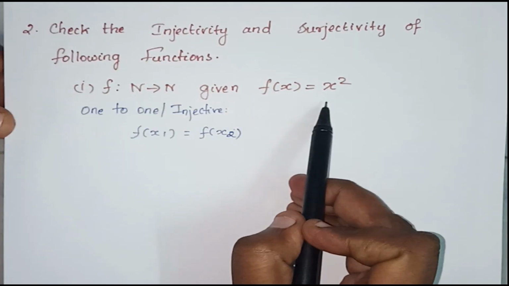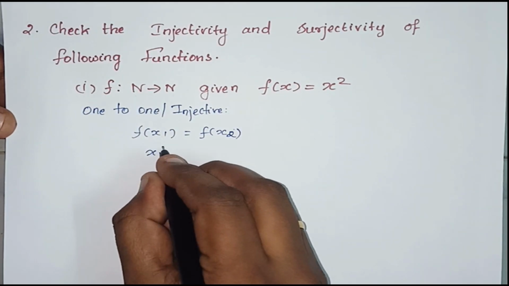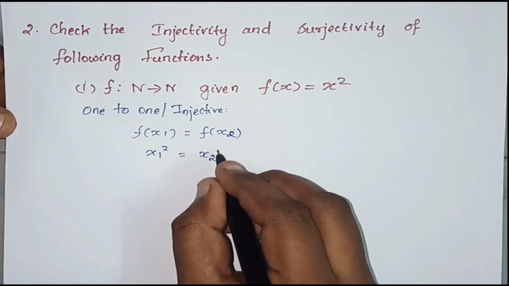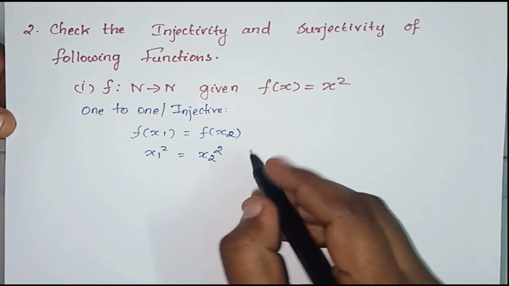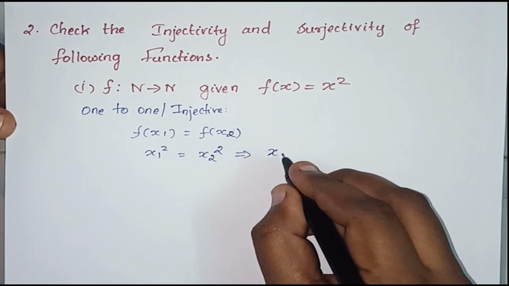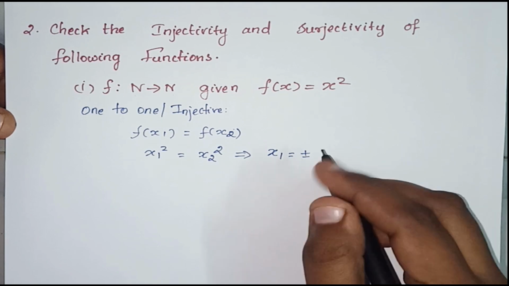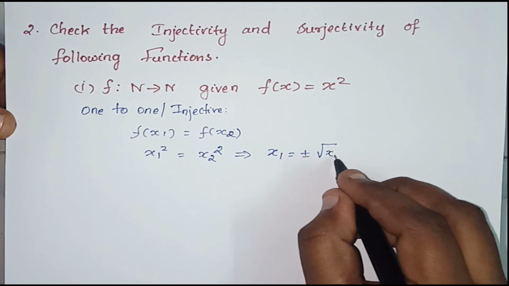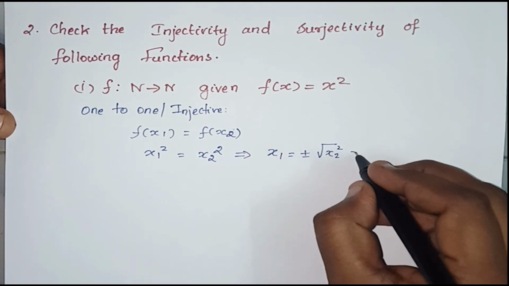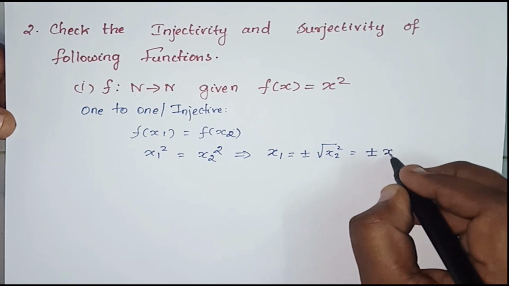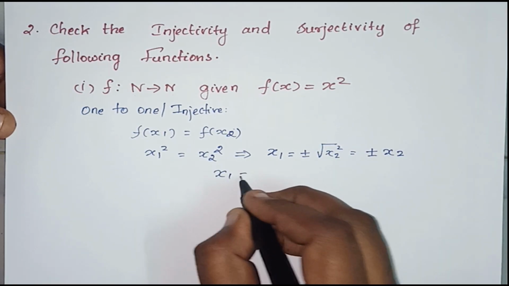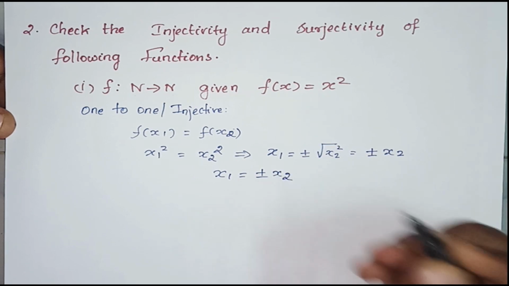Right, here f of x is equal to x square. So x1 square is equal to x2 square. So this implies x1 is equal to plus or minus root of x2 square, which is nothing but plus or minus x2.